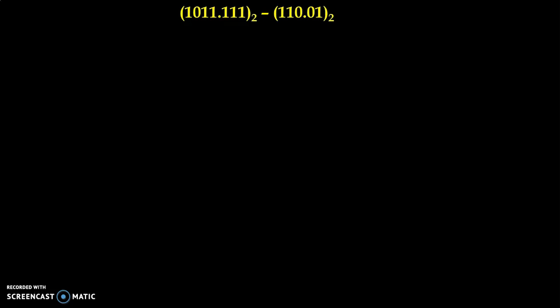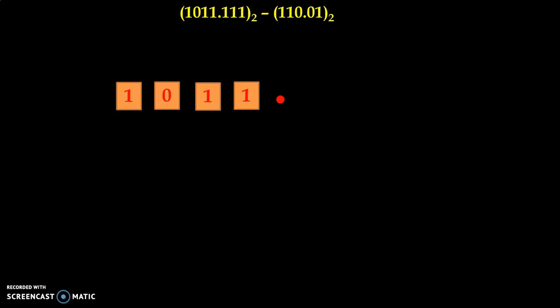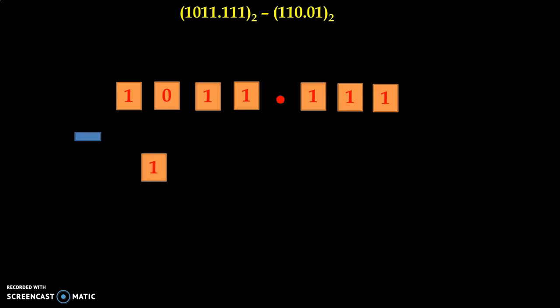Let us write it and then you can understand it very properly. So 1011. Now we have a fractional point, and then we have 111 minus. See, now we have to match at the least significant side. So 110. In the first value we have 4 bits in the integer part, and in the second value we have only 3 bits.